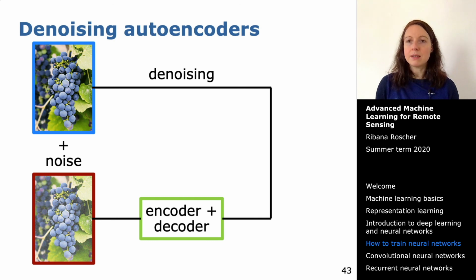Here you have the original input data, and then you add noise to your input data, and then you apply the encoder and decoder, and the output is not the noisy input, but the input without the noise. So you have a noisy input and a clean output, and this stabilizes it a little more, generally gives better results than the standard autoencoder, and helps the network to learn the important structures a bit more.